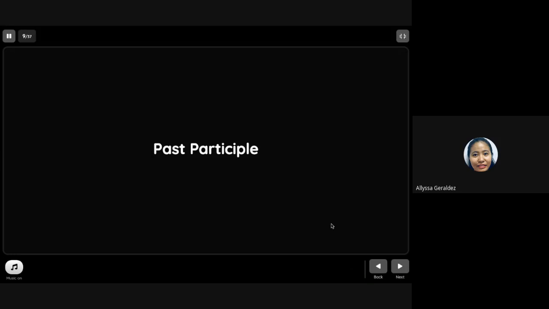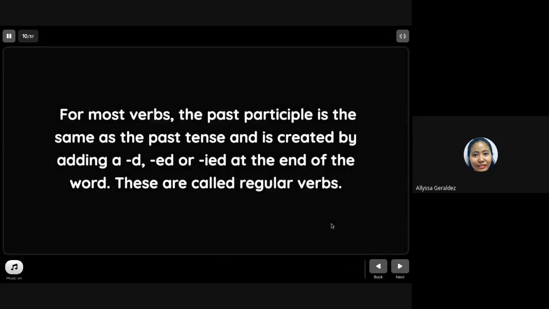And now, let's have the past participle. For most verbs, the past participle is the same as the past tense and is created by adding d, ed, ied at the end of the word. These are called regular verbs.